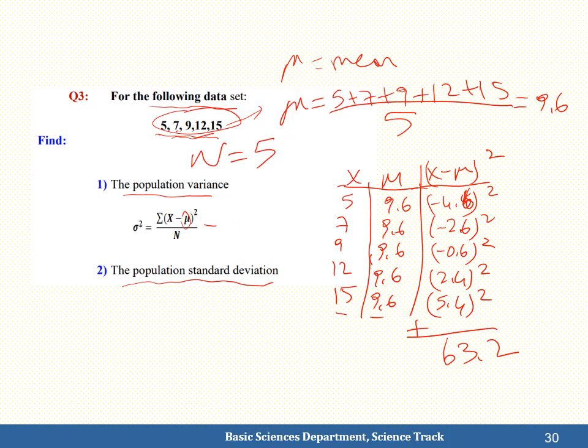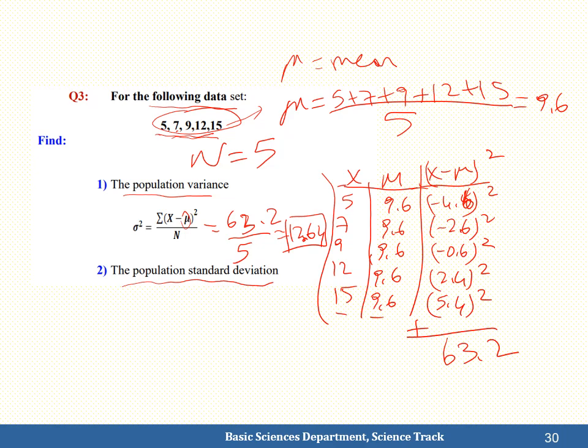And okay, now we can put them here. This sum, we got 63.2 divided by 5, which is 12.64. This is the variance, the population variance.